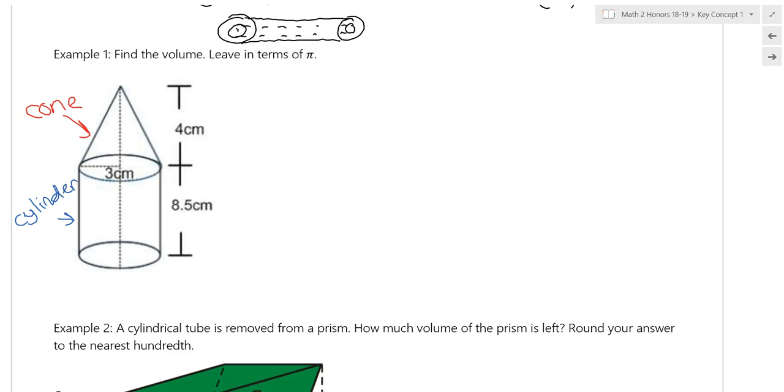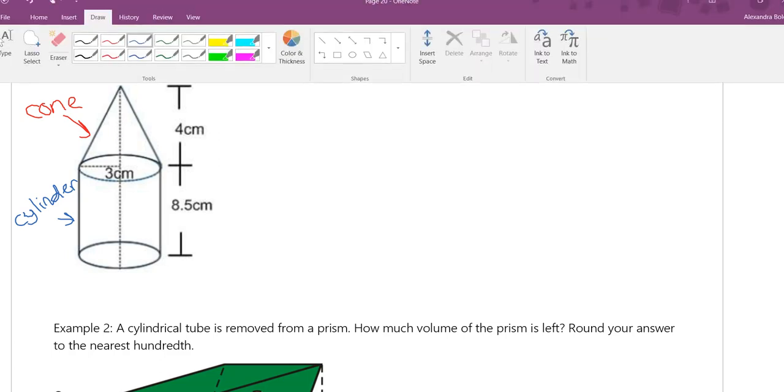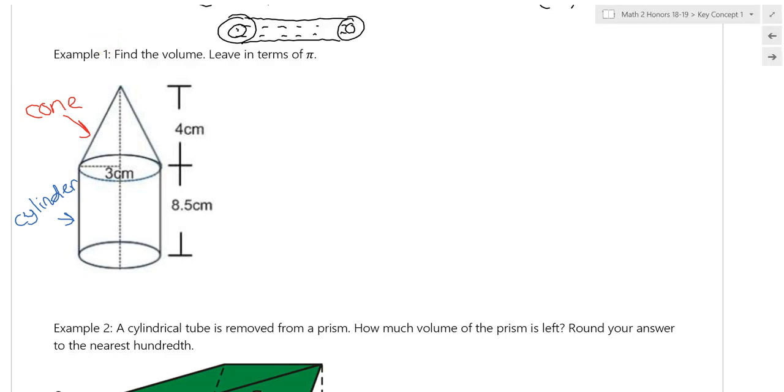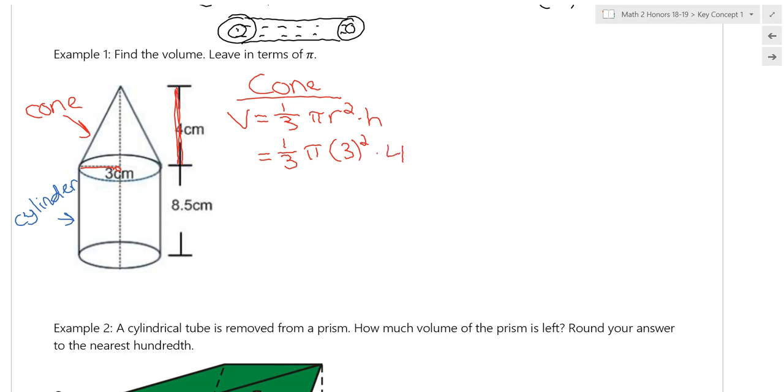Okay? So for our cone, we'll start with the volume of that. Volume, remember, equals 1/3 pi r squared times height. My radius is 3. My height of just this part is 4.